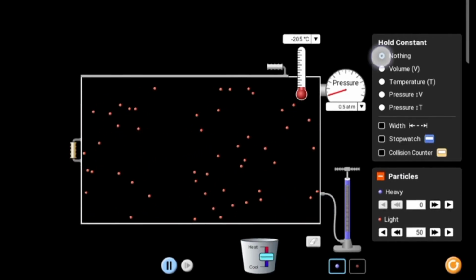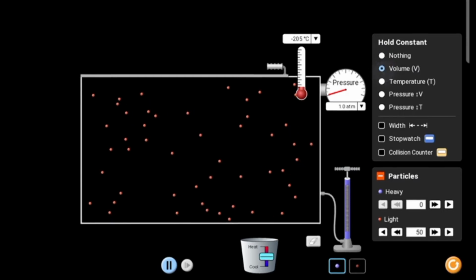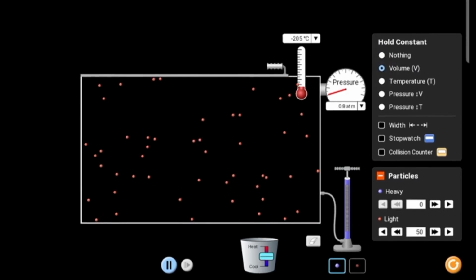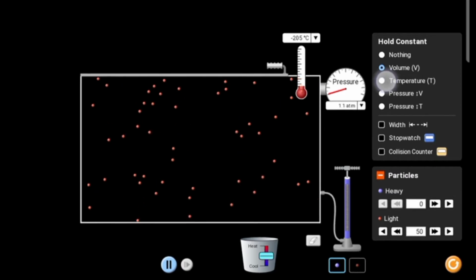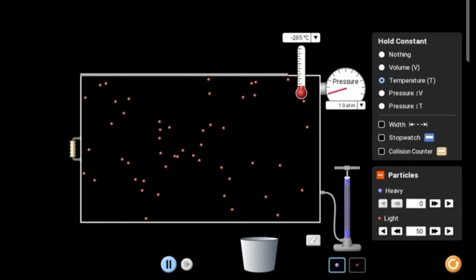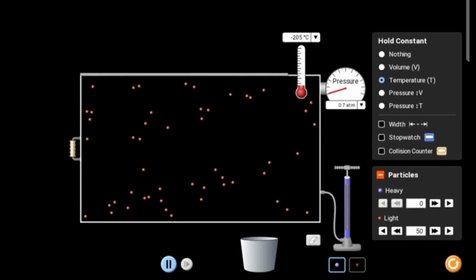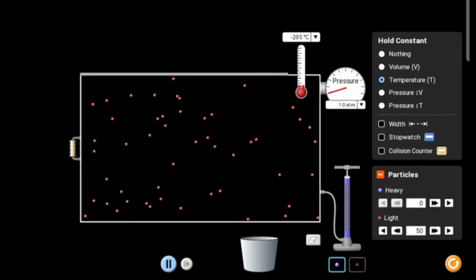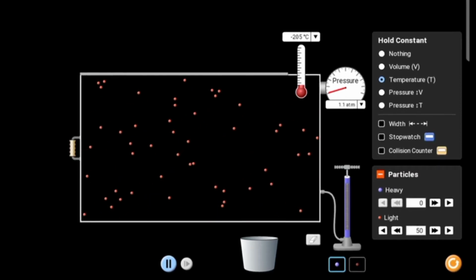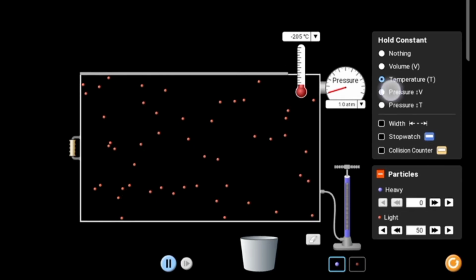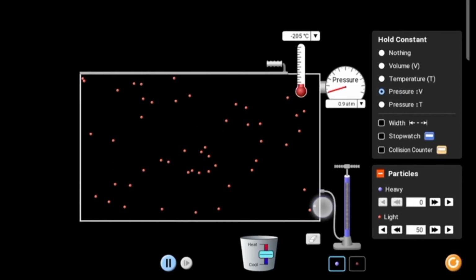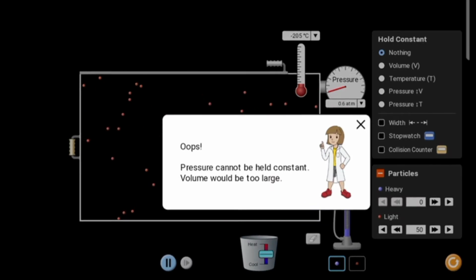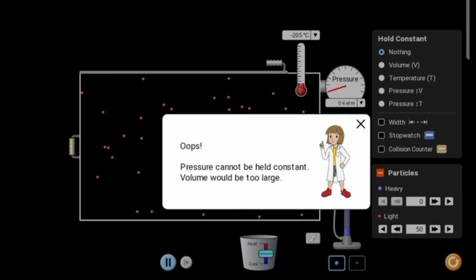How about keeping something constant here? Volume is not constant. Oops, pressure cannot be constant.